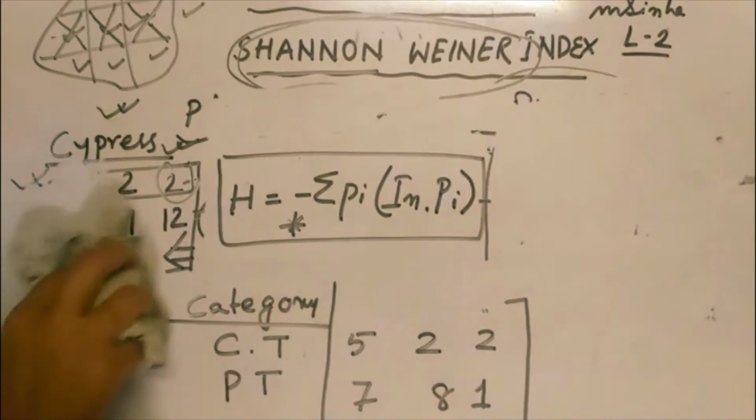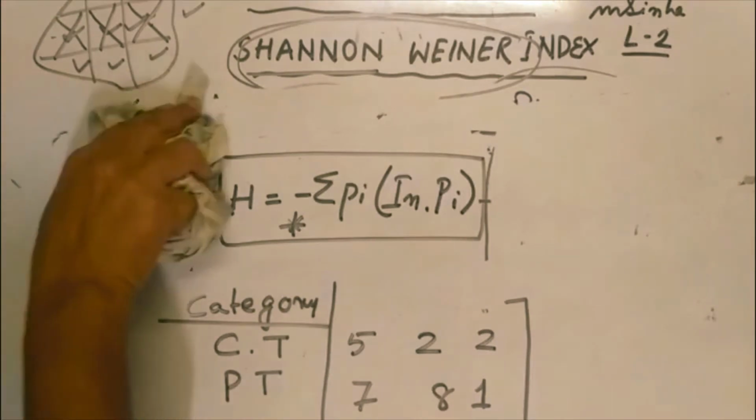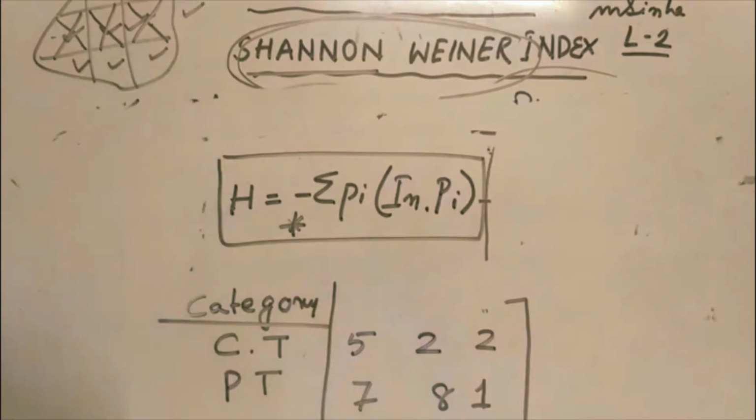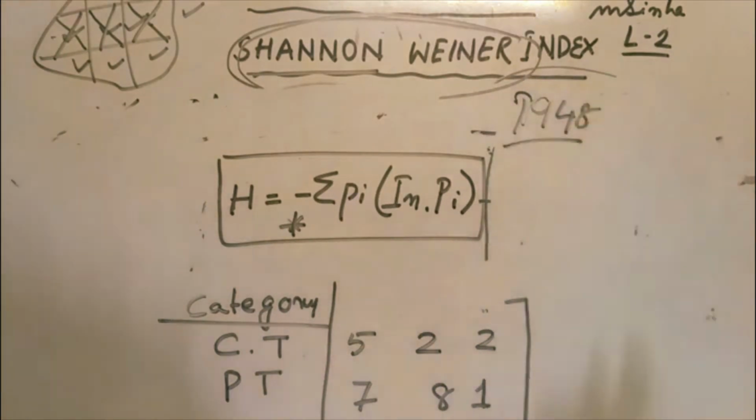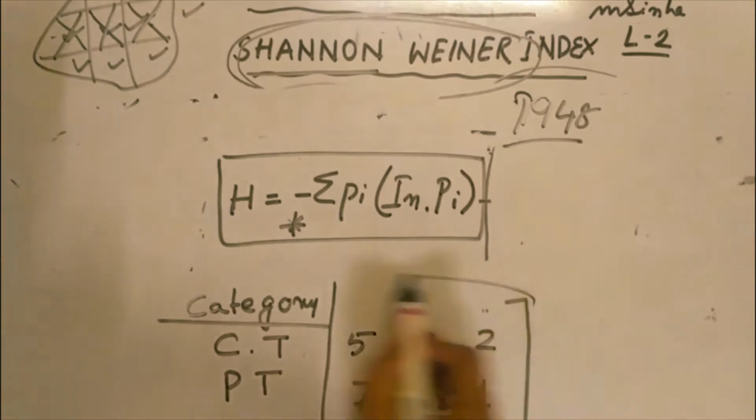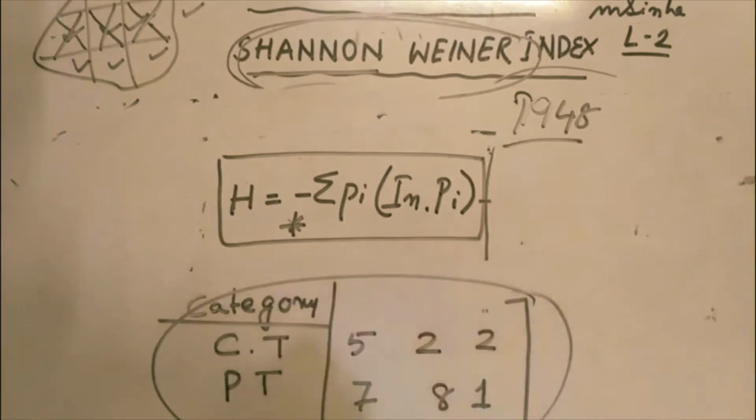Most ecologists use it. This index started near about 1948 by an ecologist. Even for plant species, animal species, and insect species, this method is used. This is the given data set.